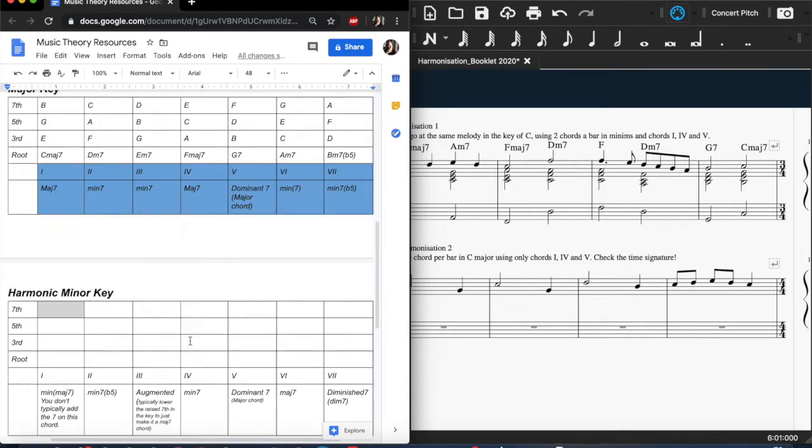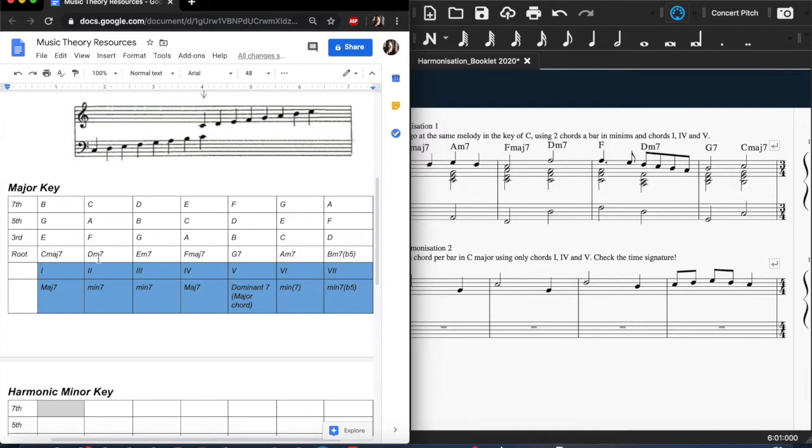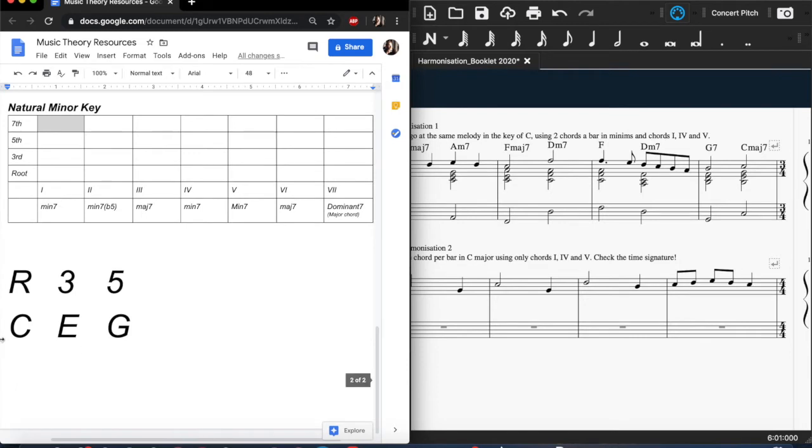So if we look at our scale up here, we've got C, D, E, and then F. Or you could work out that a fourth above C is an F. So instead of an E, we're going to have an F in this chord, and that's not a third anymore, it's a fourth. So the pattern for a suspended fourth chord is root, fourth, and fifth.